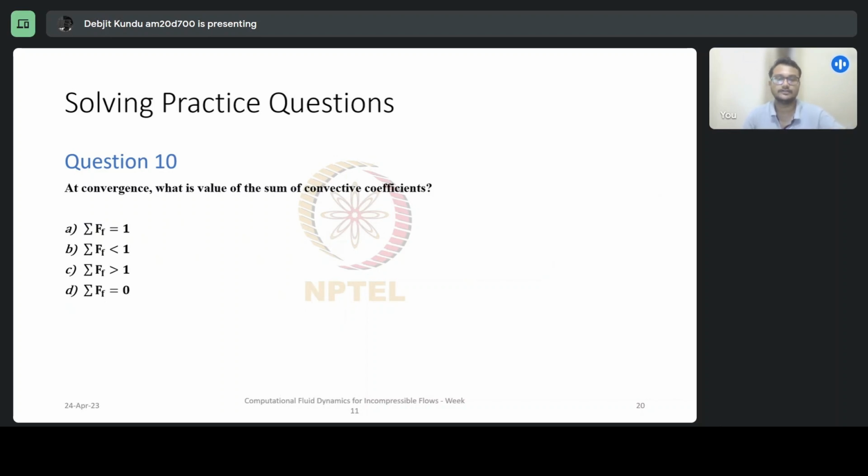So let's have a look at the solution. The solution is option D, summation over Ff should be equal to 0.